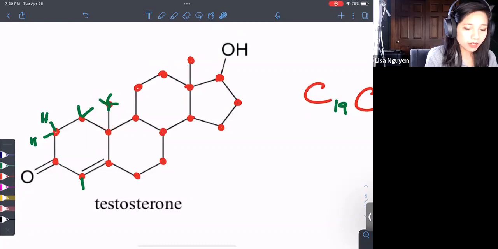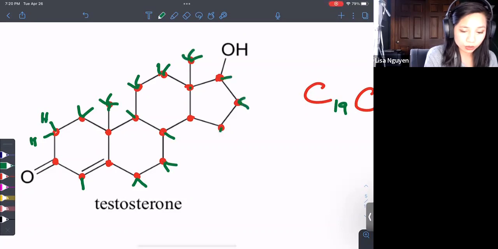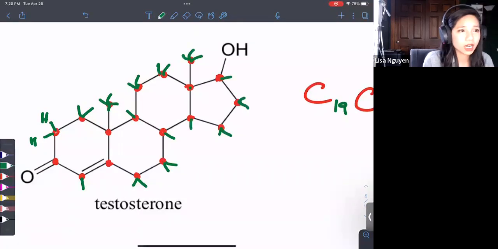It's only attached to one other carbon. And so let's just keep going. This one has 2, 2, 1, 1, 2, 2, 0, 3, 1, 2, 2, and 1. So hopefully you got all of those. And then just double check that every carbon has 4 bonds there.